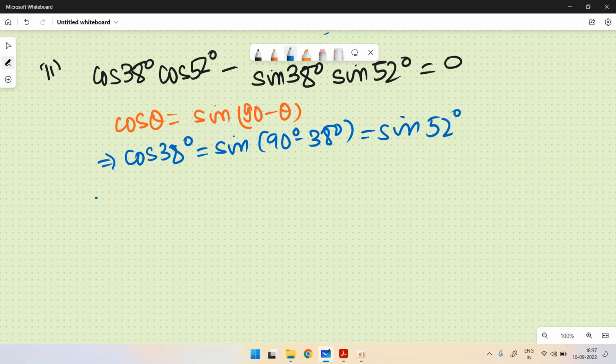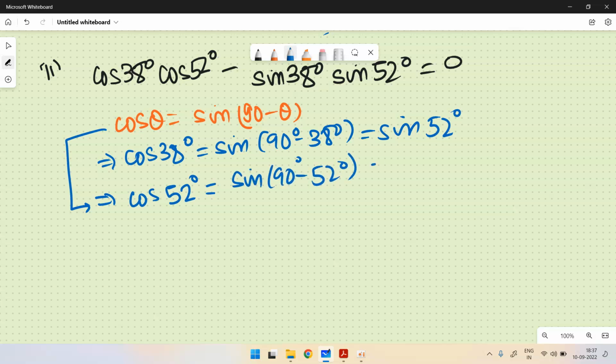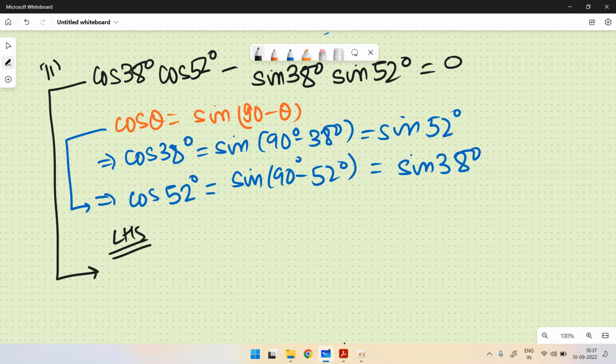Similarly, cos of 52 is nothing but sine of 90 minus 52 degree, which is sine of 38 degree. So if I rewrite the expression, taking LHS, in place of cos 38 we write sine of 52 degree, and in place of cos 52 we write sine of 38 degree. So minus sine of 38 degree into sine of 52 degree.